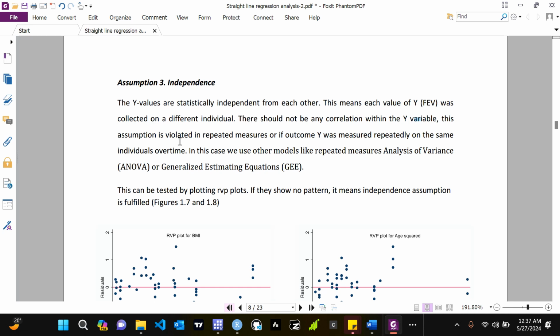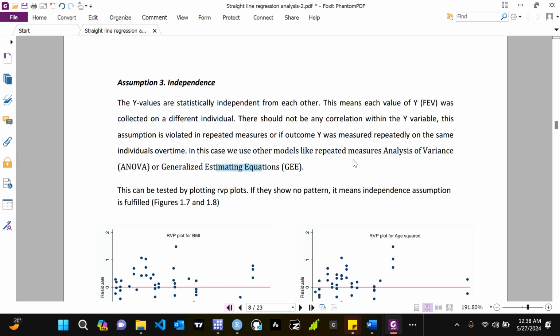This assumption is violated in repeated measures of the outcome. For this case, we use ANOVA or GEE as a regression.